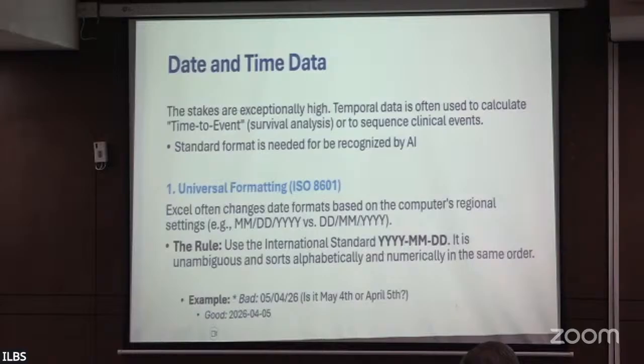For date and time, be consistent in the order. YYMMDD is the standard across different systems and algorithms, so this is the format that should be used. It should not be written like May 4th, April 5th.